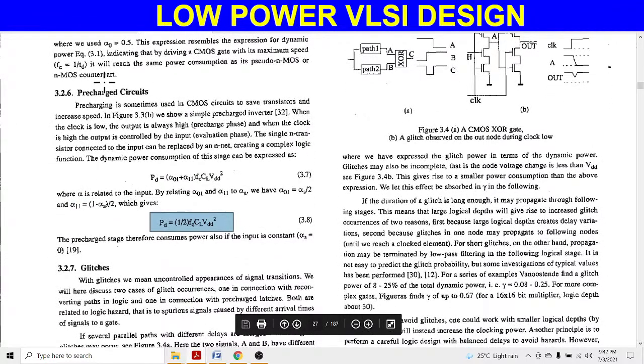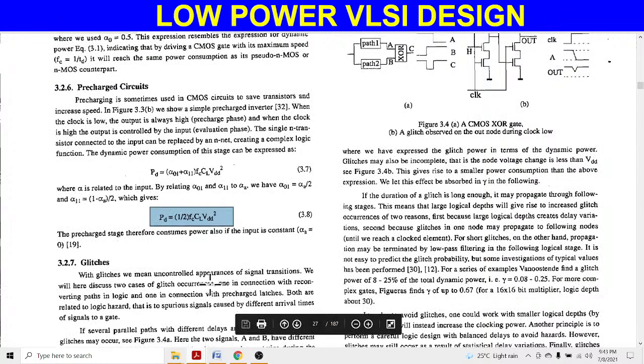Okay, so why do we use this extra NMOS here? When we connect this extra NMOS circuitry with the CMOS circuit, the overall circuit is known as pre-charge. So the speed of this overall circuit will be increased. Also it will save the NMOS transistor.